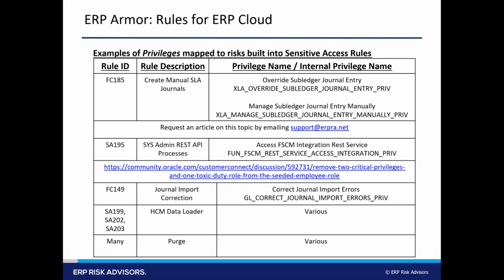So the typical control for journal entries focuses on the design of the journal approval workflow, such that, like I said before, you have to verify that nobody can enter and post the same journal entry. You have a similar risk with both of these, which we call create manual SLA journal entry privileges.